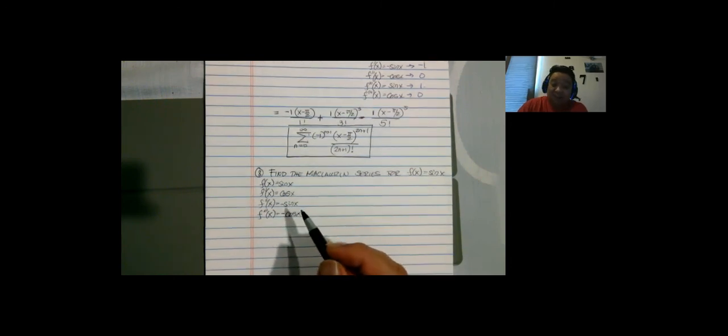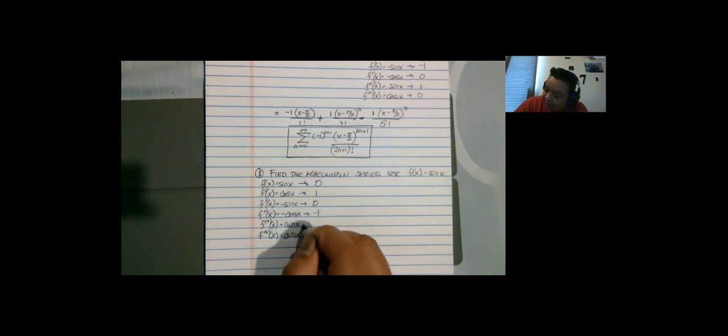Since I am going to plug in 0 for x, the sine ones are going to be 0, so I need a few more here. The fourth derivative is sine, and the fifth derivative is going to be cosine. Then I plug in 0. This would give me 0, this would give me 1, 0, negative 1, 0, and this would give me positive 1.